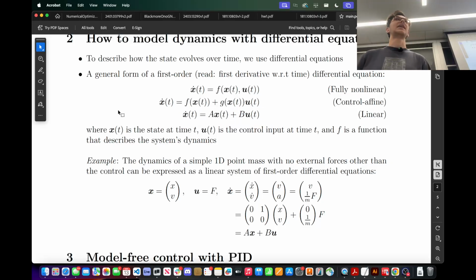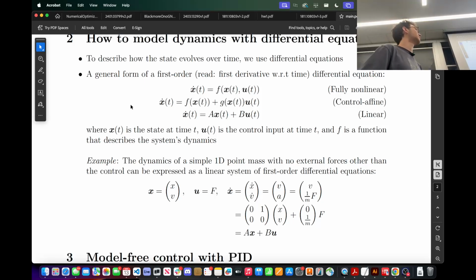Because it's very benign, we know how to do stuff with linear differential equations, and there's a lot of very rich theory behind how you can control systems that look like this. This, on the other hand, is a complete free-for-all. There's often not any sort of stability guarantees that you can always have.